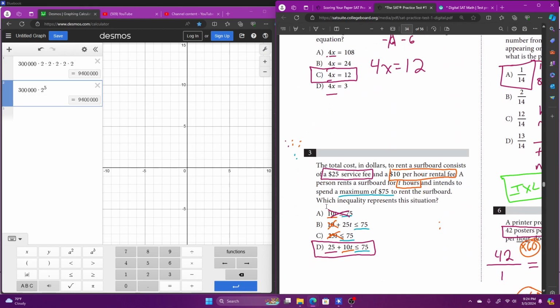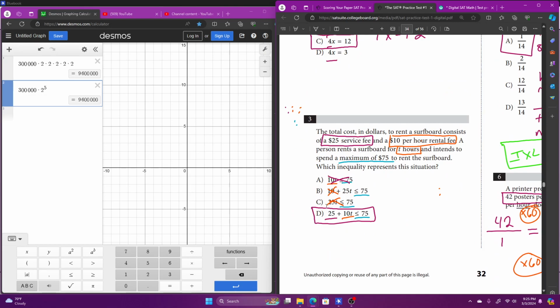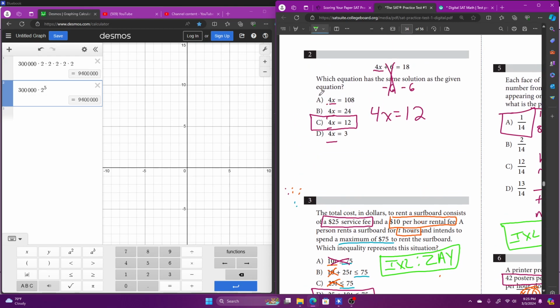They give you some different lessons in IXL to get you ready for SAT. But if you want things that look like these specific SAT questions, this was what I found was pretty close. So question number 3 on IXL would be ZAY. And when you're looking for a lesson in IXL, you just search for that 3-letter code and it'll pop up.